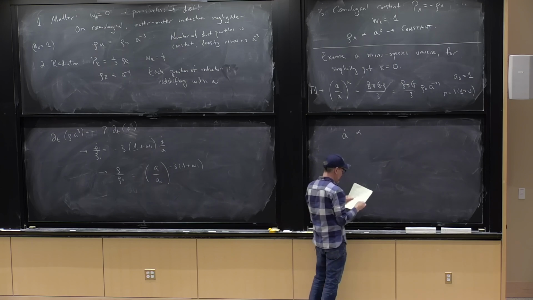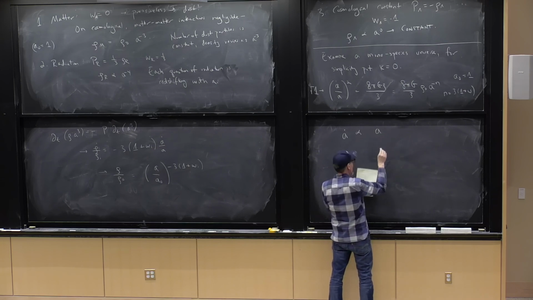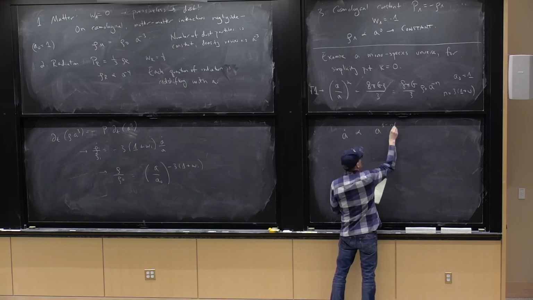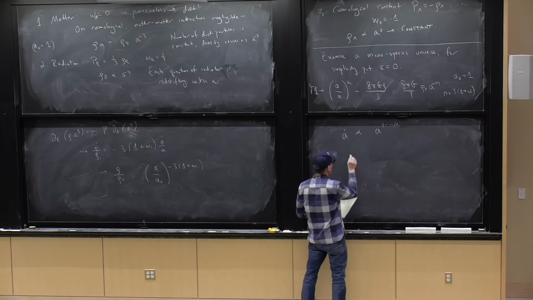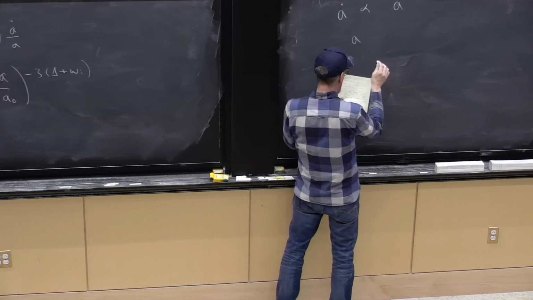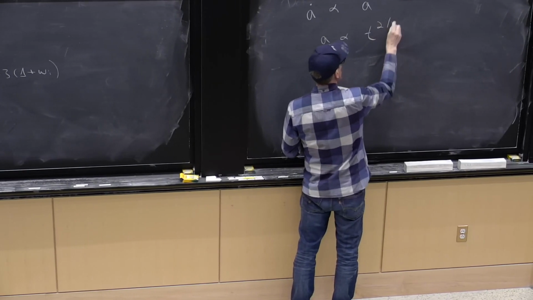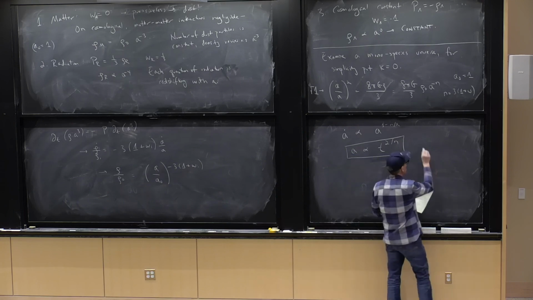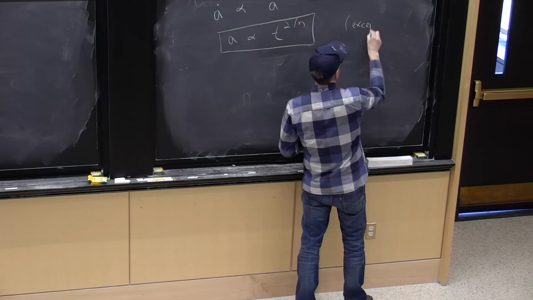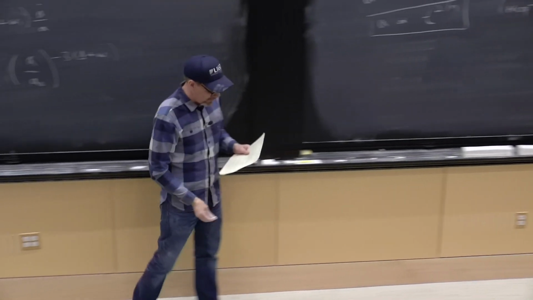What you find is, there's a constant you can work out on your own if you like, a dot must be proportional to a to 1 minus n over 2, or a is proportional to t to the 2 over n. n equals 0 is a special case that we'll talk about in just a moment.